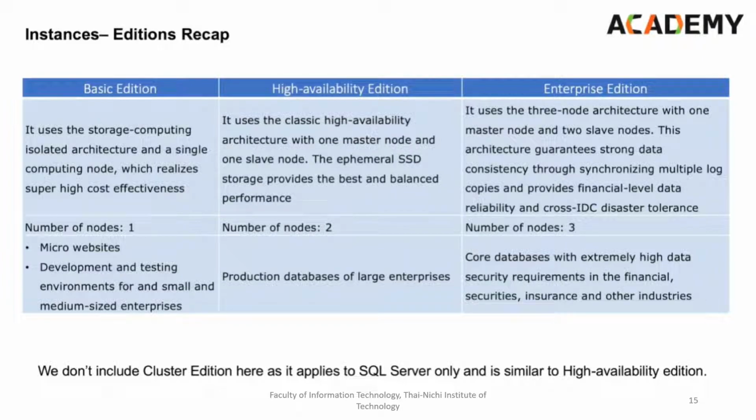The basic edition uses the storage computing isolated architecture and a single computing node, which realizes super high cost effectiveness. The number of nodes is 1. This is normally used for micro websites, for developing and testing sites, like the testing of products. For those things we can use the basic edition, because if there is any fault, we don't need to worry much. There is nothing lost with the productivity.